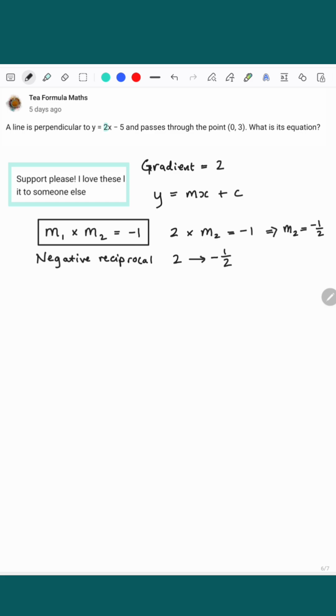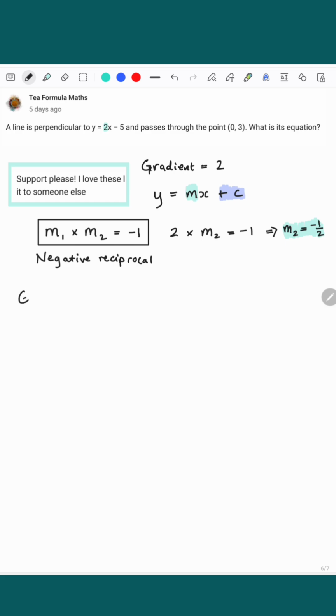The next tool we want is to find the whole of the equation, right? That's what it says: what's the equation? Now, the equation is mx, but it's also plus c. We found m, so to make that really clear, m is -1/2. Let's get rid of that. We now need to set about finding c. There are two ways of doing this.